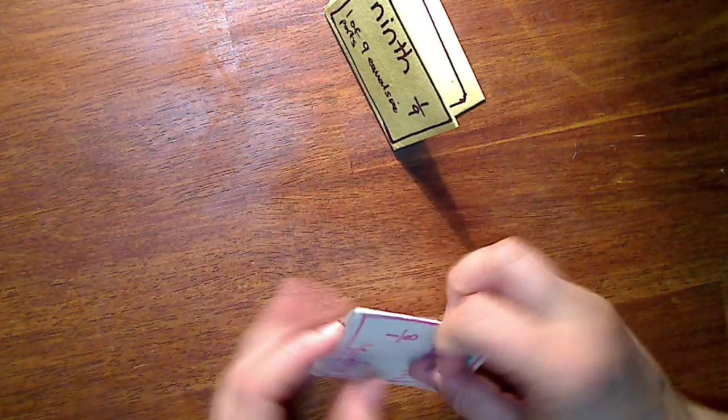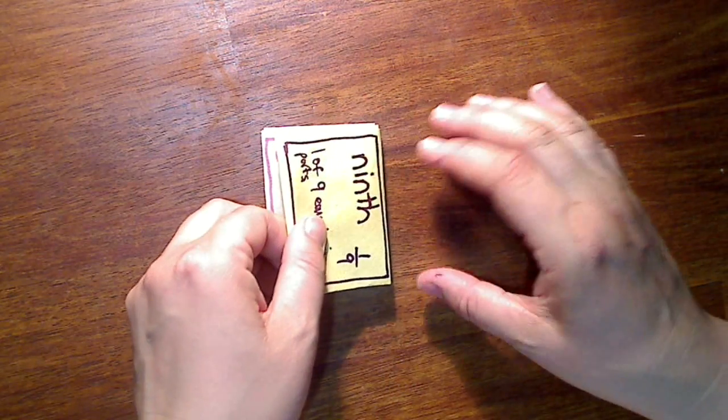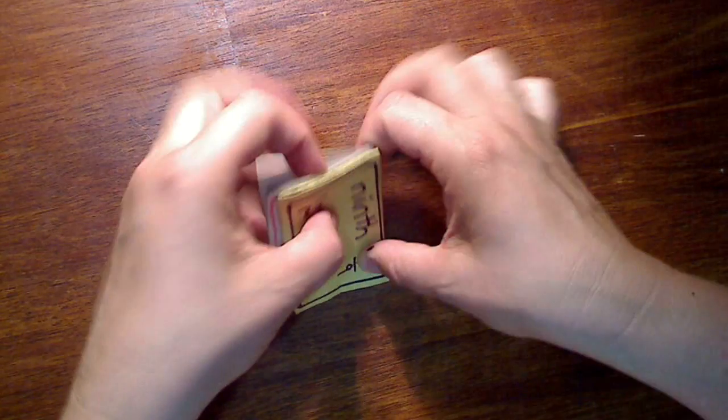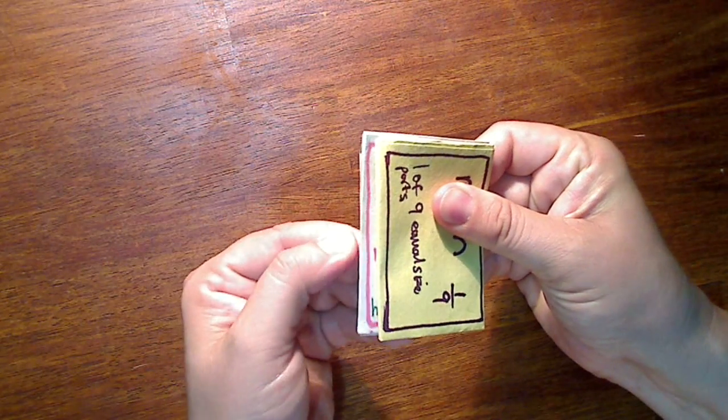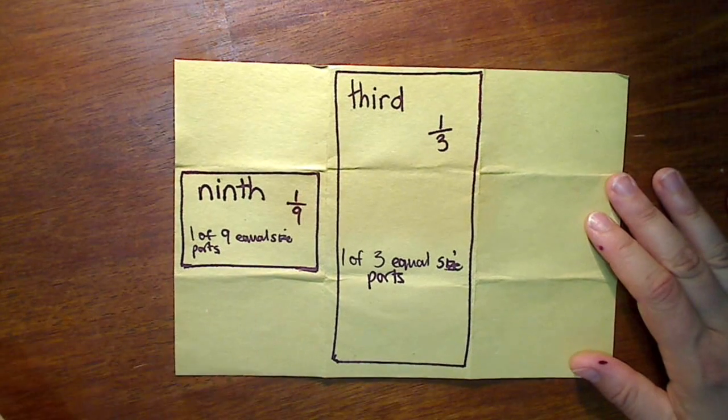There we have an eighth and a ninth. They look very similar, but you'll see, as I cover it up very carefully, that my eighth is just that tiny bit larger. So that is our thirds and ninths.